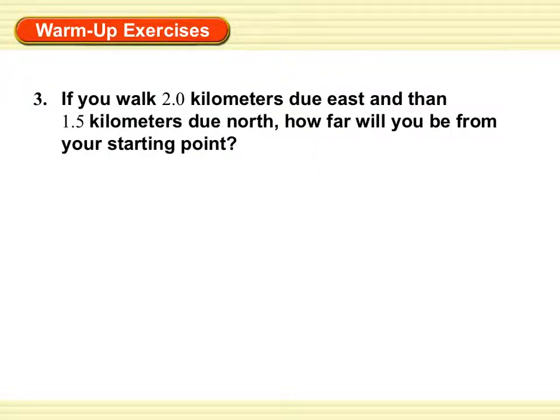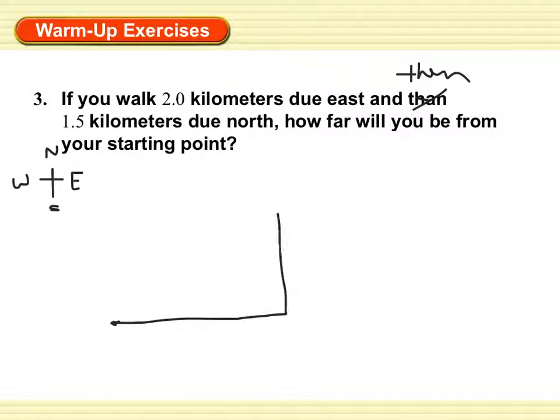If you walk 2 kilometers due east, then 1.5 kilometers due north, how far will you be from your starting point? I'm going to start here. We've got north, south, west, east. I'm starting here. I'm walking due east, then due north. How far will you be from the starting point?